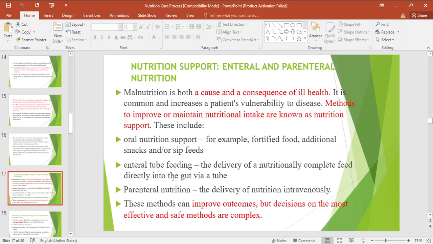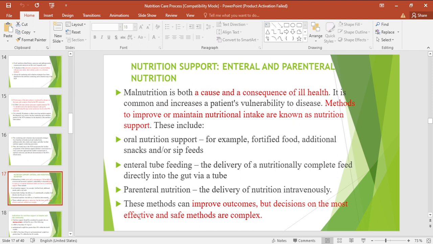And after the monitoring and evaluation, so our four steps of the nutrition care process, we have the nutrition assessment, and then diagnosis, intervention, and finally monitoring and evaluation.